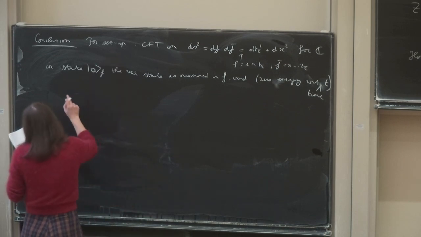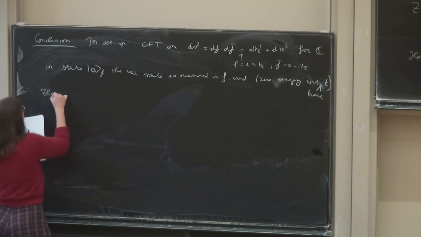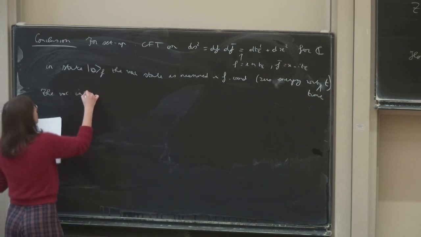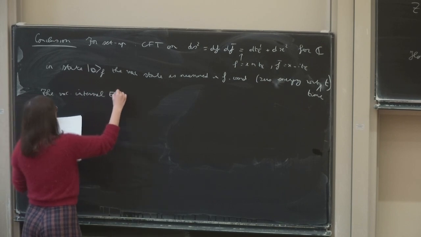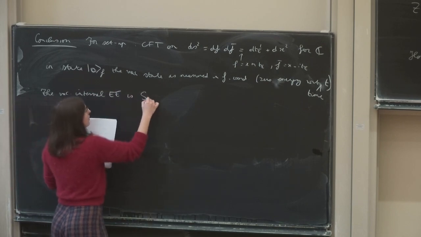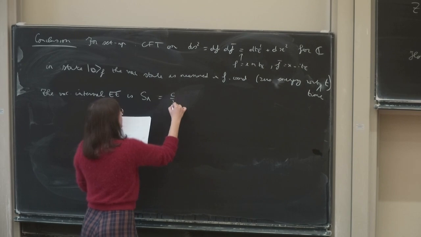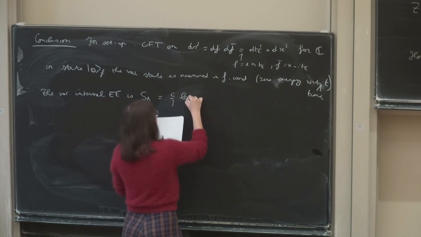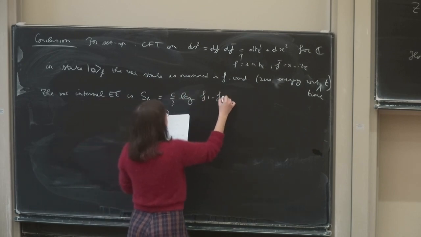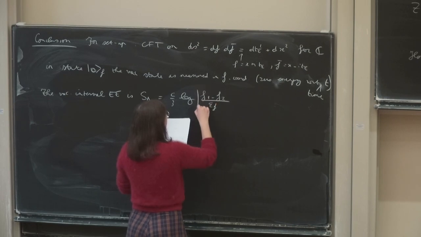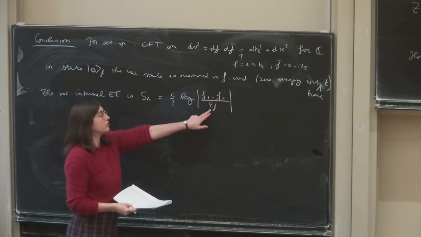For this setup, we find that the vacuum interval entanglement entropy is given by S_A equal to c over 3 times the log of the length of my interval over a UV cutoff.